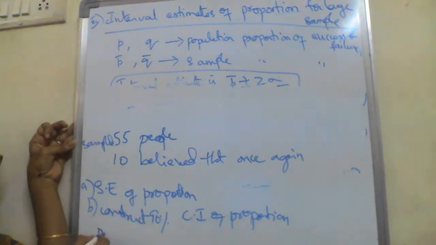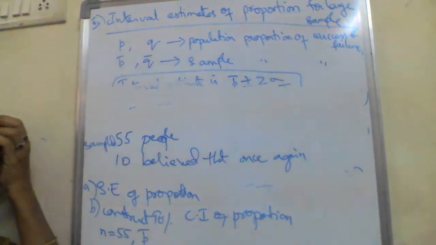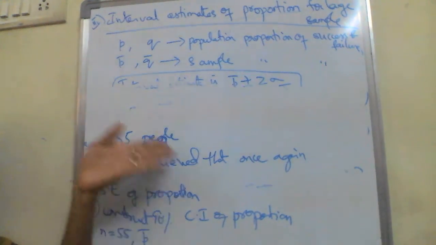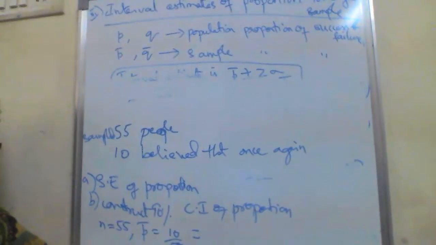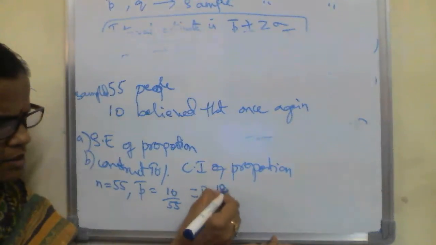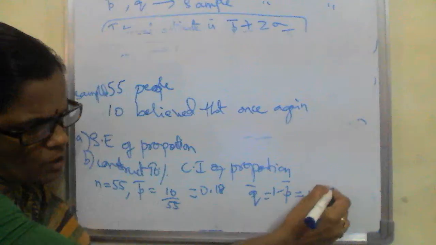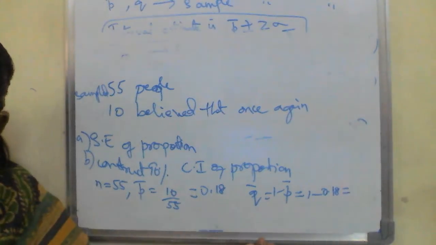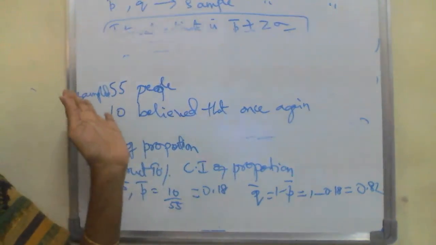So n is 55, the sample size. p bar is the probable proportion of success, that means they are saying the picture can be seen once again. How many are saying so? 10 out of 55. This comes to 0.18. Same way you can find q bar, it is 1 minus p bar. So 1 minus 0.18 comes to 0.82. So we have got p bar and q bar.